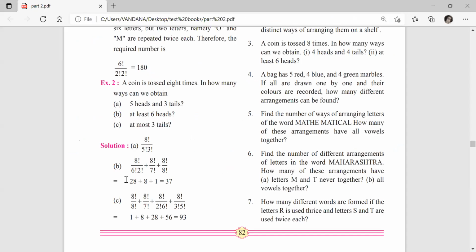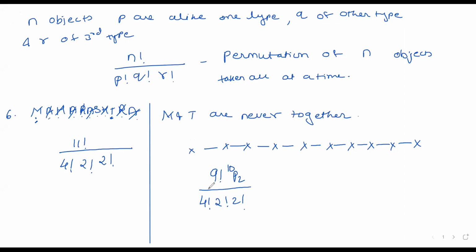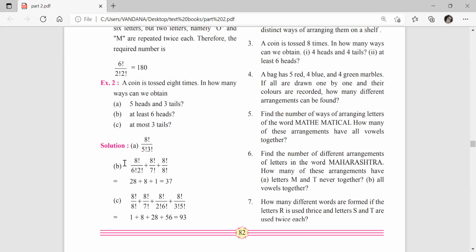Next, all vowels are together. Now we may not solve this fully, it will become too much to solve if you don't have calculators. The next is all vowels are together.